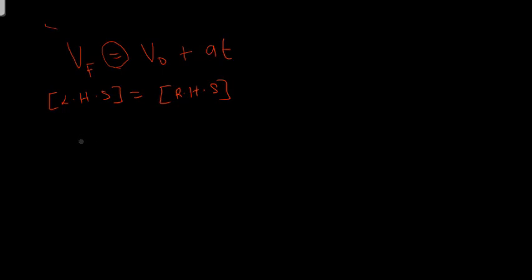So we first begin by checking the dimensions on the left-hand side. What do we have on the left-hand side? The first step is to identify the physical quantity. The physical quantity that we have on the left-hand side is velocity.